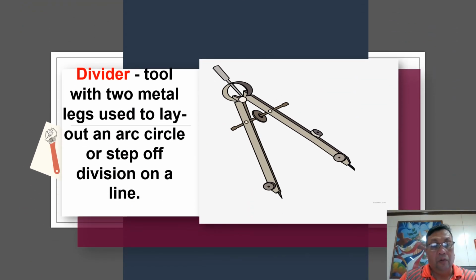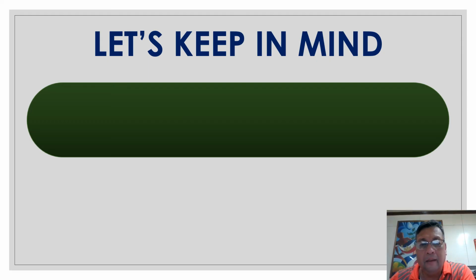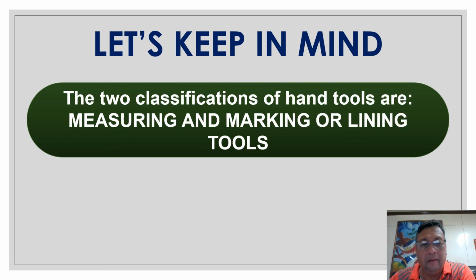Divider, tool with two metal legs used to lay out arc, circle, or step of division on a line. Compass, used to scribe arcs and circles in wood or metal. Let's keep in mind the two classifications of hand tools are measuring and marking or lining tools.